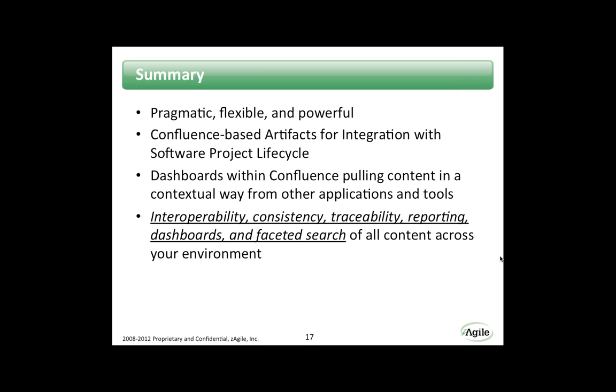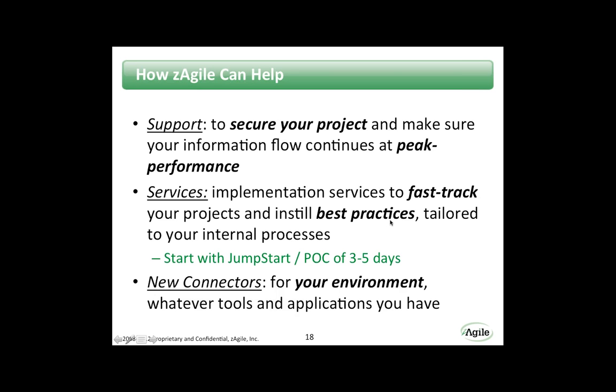The content for requirements, of course, is created within those structured forms. The bottom line here is you're achieving ultimate interoperability between Confluence and JIRA, again with GreenHopper as well, so that you're achieving consistency, traceability, reporting, dashboards, and faceted search for all the integrated content.